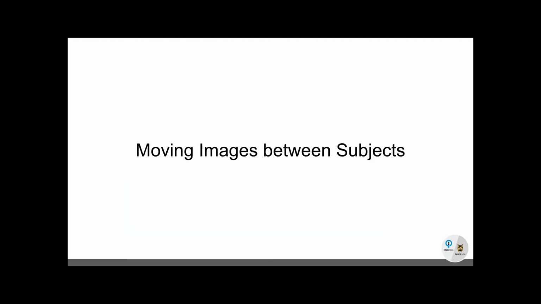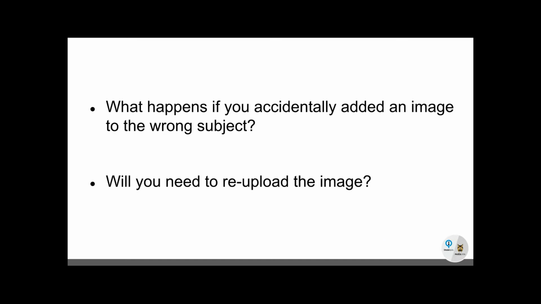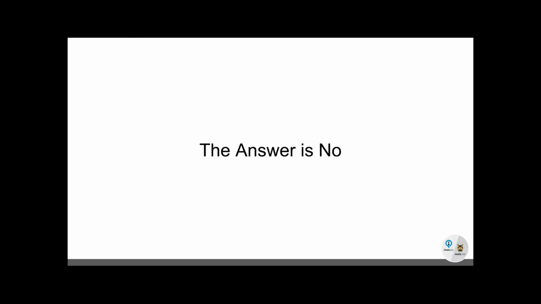Obviously that's the wrong image. So what can you do there? You don't need to delete all the images or re-upload the images. We have a very simple and effective tool where you can just drag and drop the images into where you need to put them.